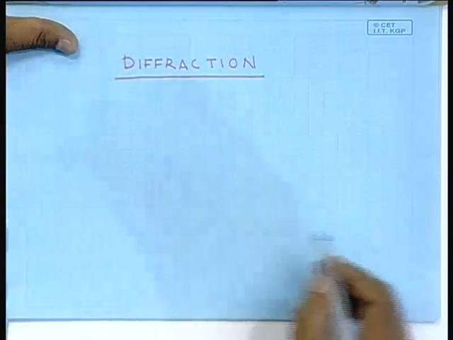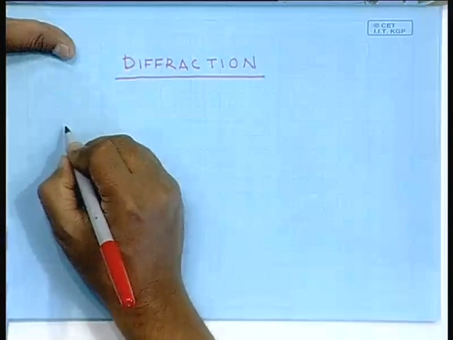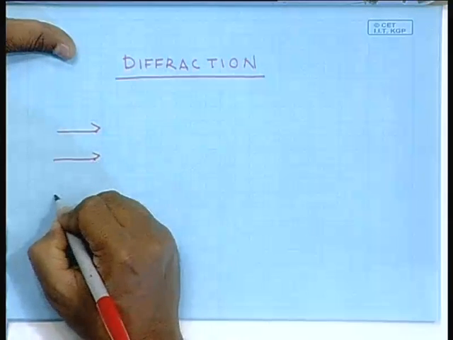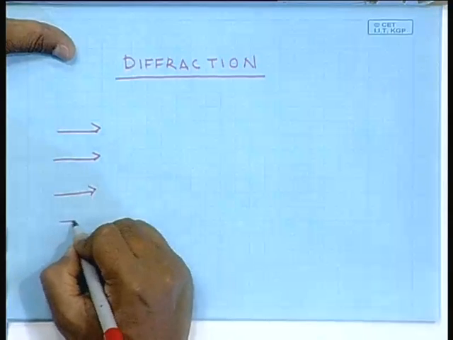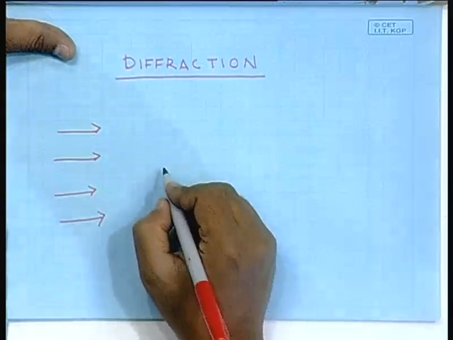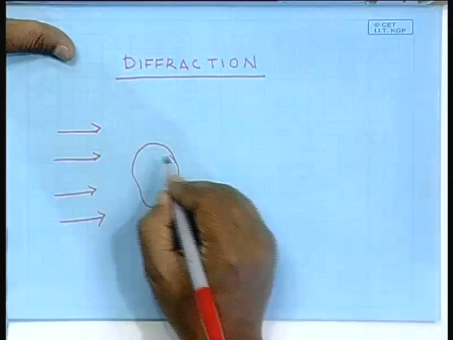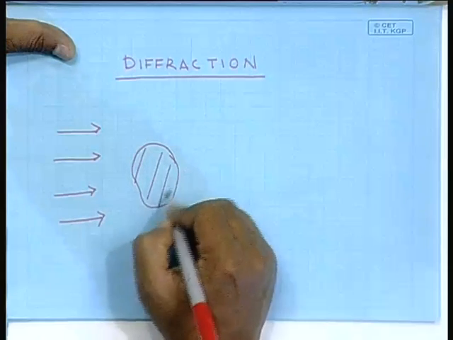Let us consider a situation where we have a plane wave incident like this, and we place an obstruction in the path of the wave.